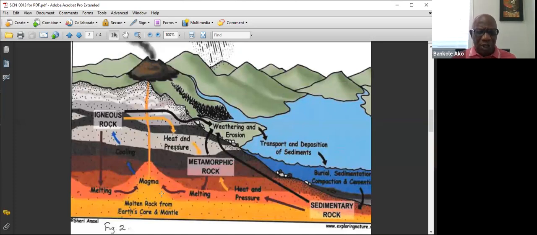So a mineral deposit, we can define as a place in the Earth's crust where geologic processes have concentrated one or more minerals at greater abundance than in the average crust.